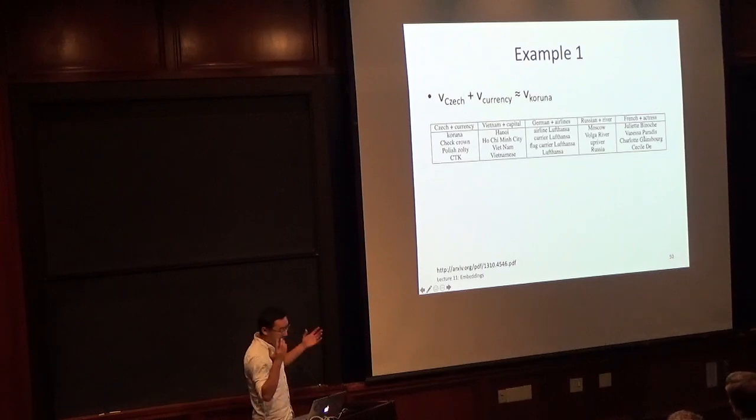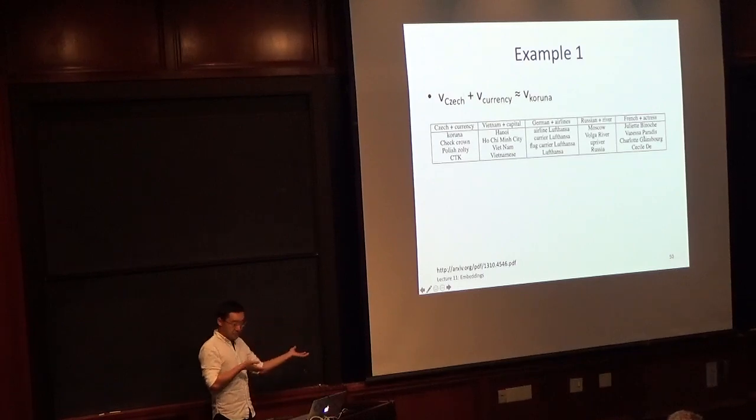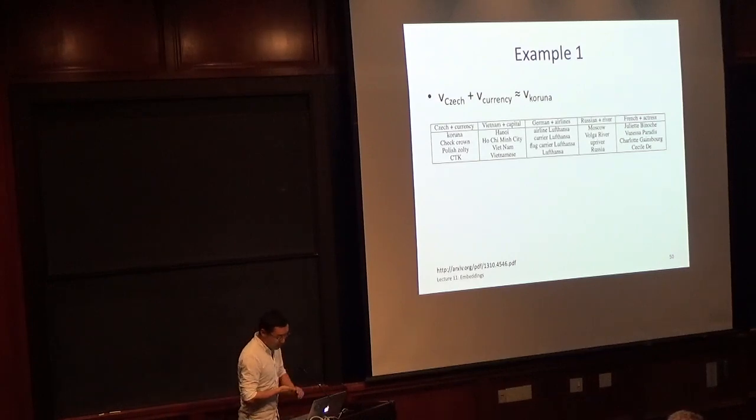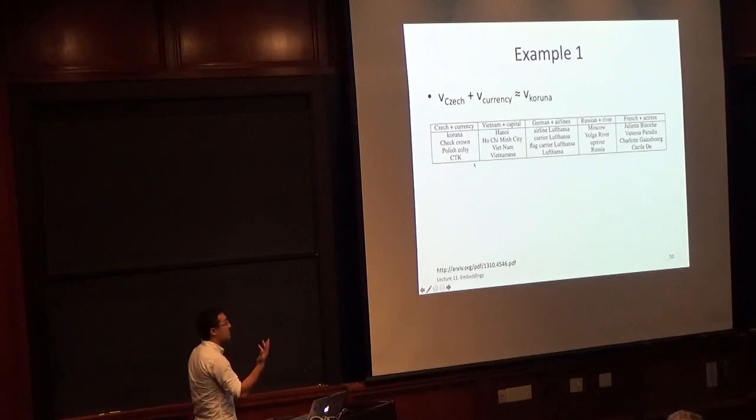So you could take the embedding of Czech, a country, plus the embedding for a currency, and you look up the closest embedding point that corresponds to an actual word, and you get back koruna. And you can do this with a bunch of different examples. These are a little bit cherry-picked, of course, but it's surprising how often you get these interesting meanings.